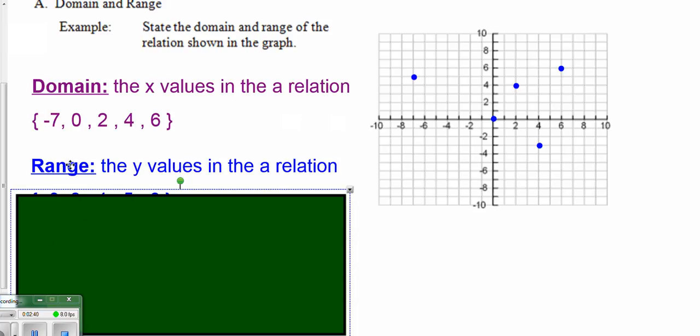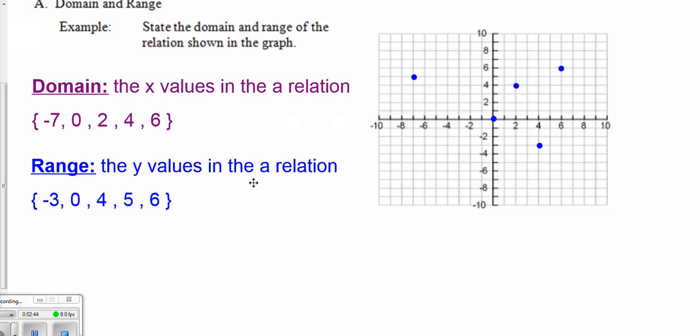In domain and range, you always start with your lowest value first. So even though this -3 for a y value doesn't match with this -7 for an x value, our range will still start with the lowest value. So -3 right here, moving up to a 0, moving up to a 4, a 5, and a 6.